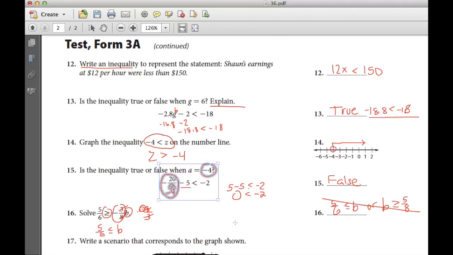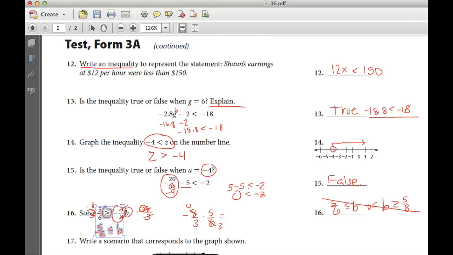And actually, I take back. That whole thing is wrong because I forgot to multiply by negative 8/3 on the other side. So let's do some canceling here. Sorry, let me rewrite the problem there. Negative 8/3 times 5/6. 2 goes into 6 three times. 2 goes into 8 four times.